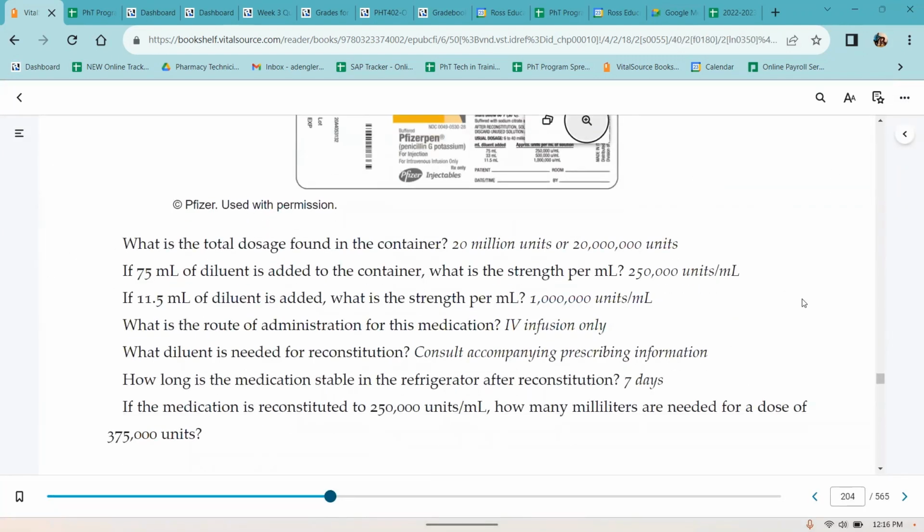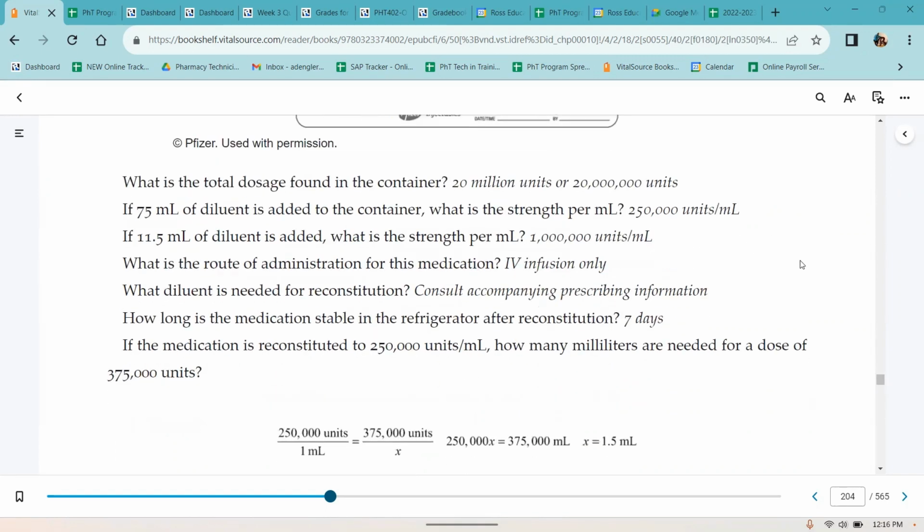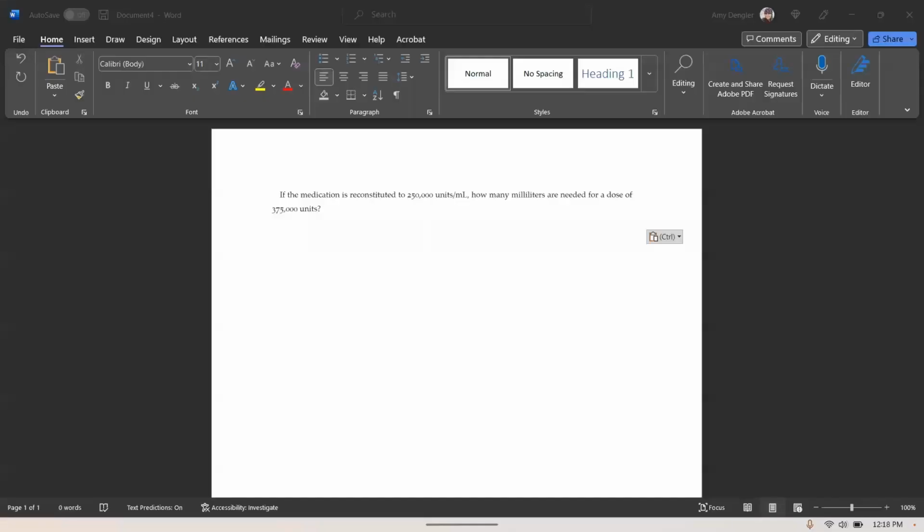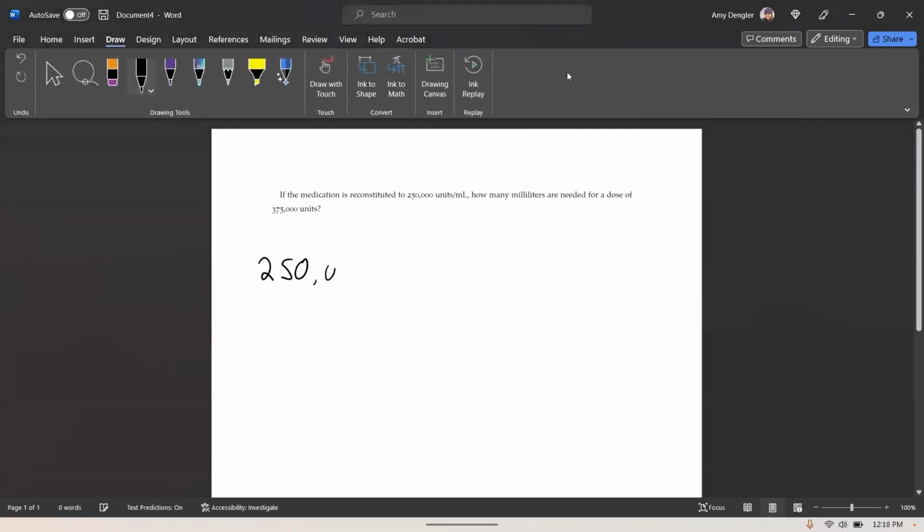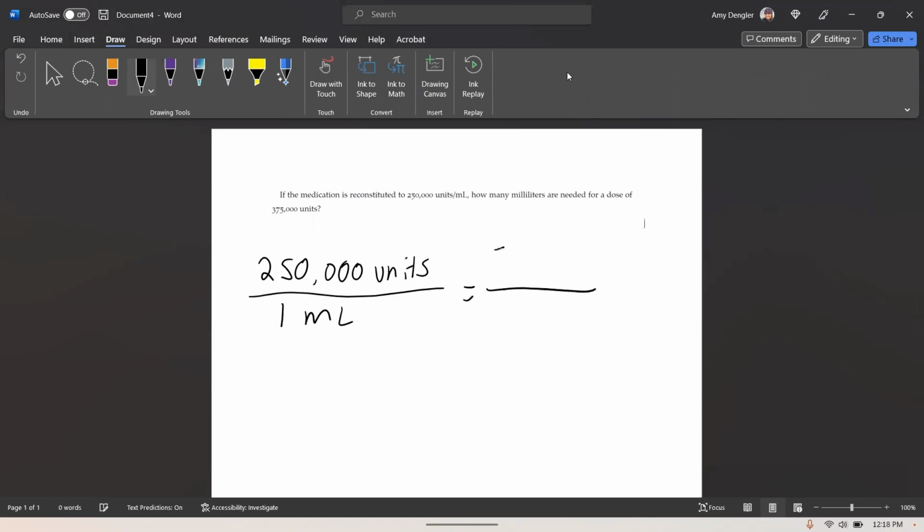And then if the medication is reconstituted to 250,000 units per ml, how many milliliters are needed for a dose? Okay, so we can just take the strength of the medication, which is 250,000 units over 1 ml. And we need to give the patient 375,000 units. How many ml?